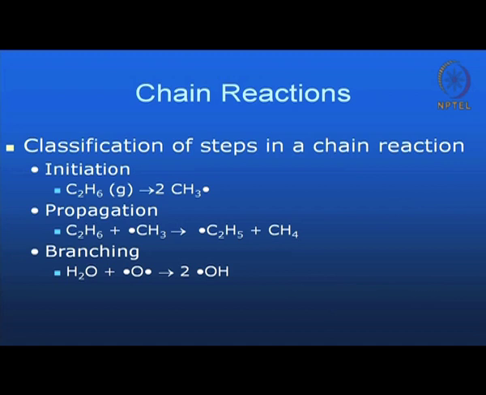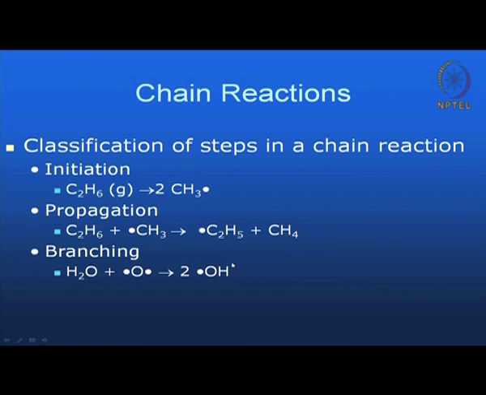A chain reaction must have initiation. A typical example is C2H6 gas producing 2 CH3 dot. Then propagation. Propagation means CH3 dot plus C2H6 producing another radical, and CH4 is produced. So, this will continue.